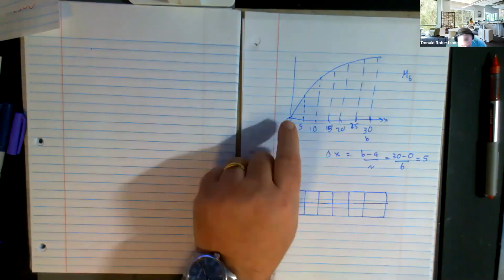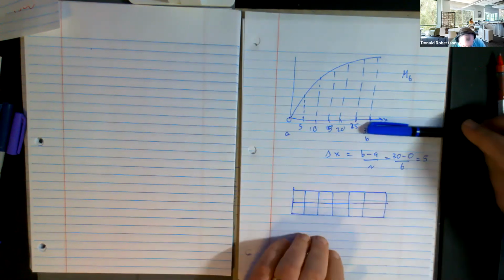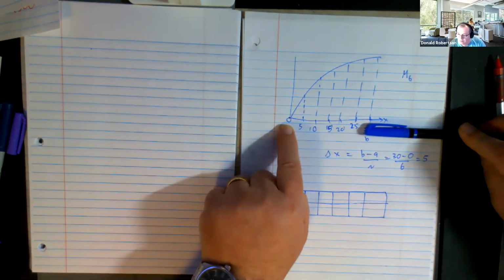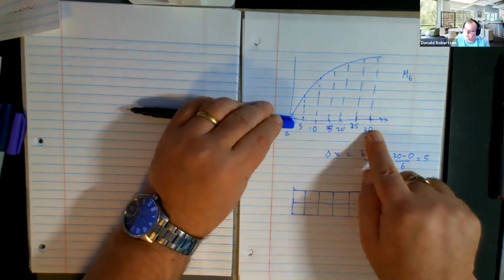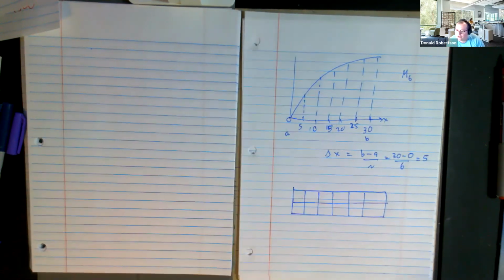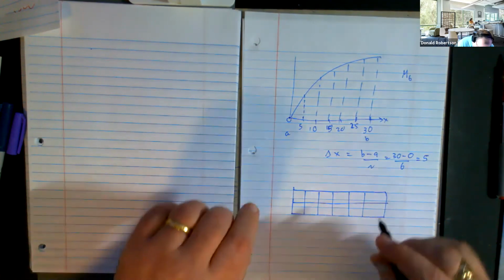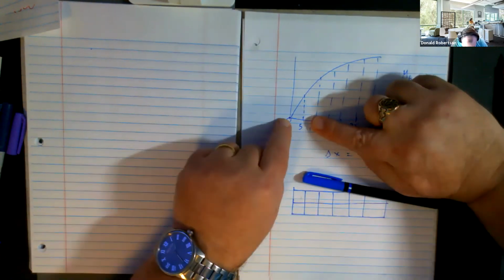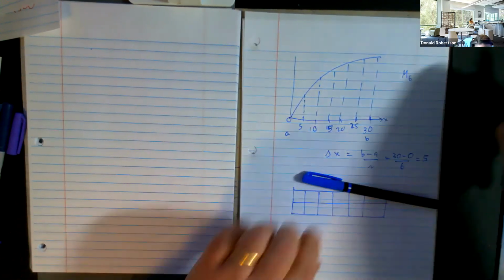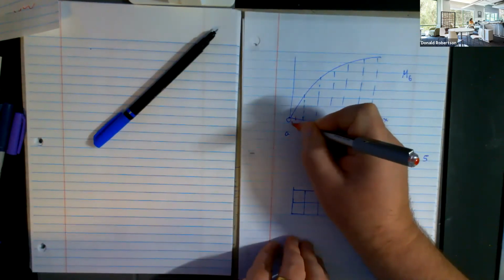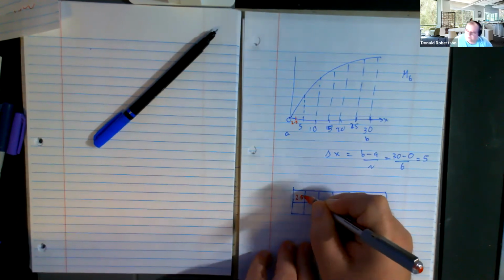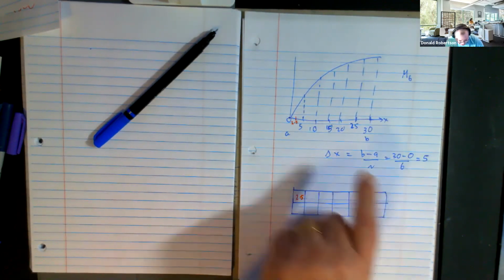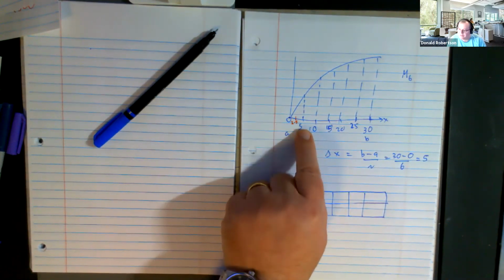If I was going to do the left endpoints, wouldn't I be using these x's in my table? If I was doing the right ones, wouldn't I be using these x's in my table? I'm not going to use either of those. Isn't the midpoint at 2.5, halfway between the 0 and the 5?